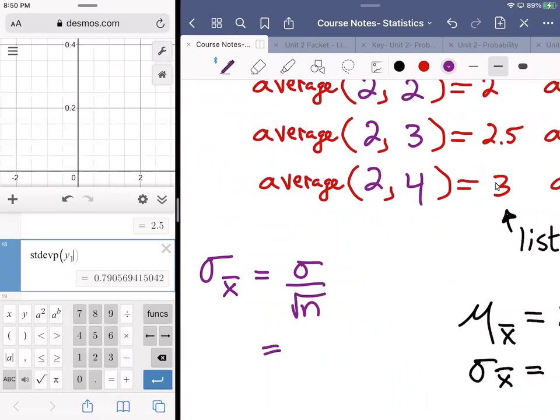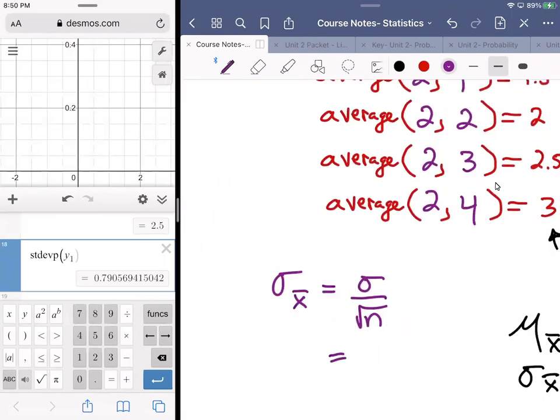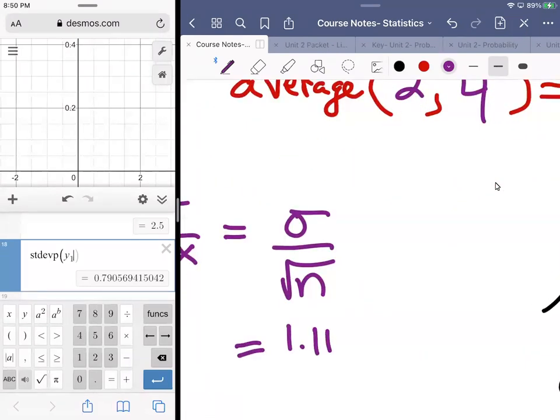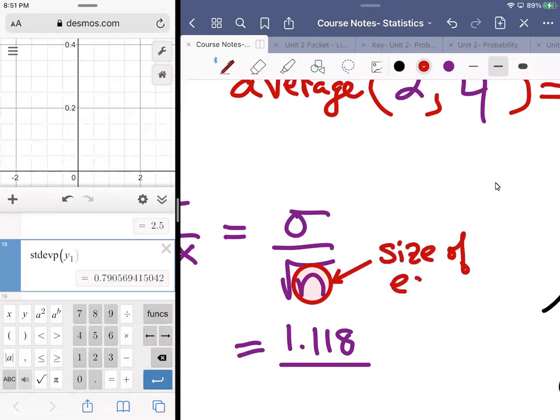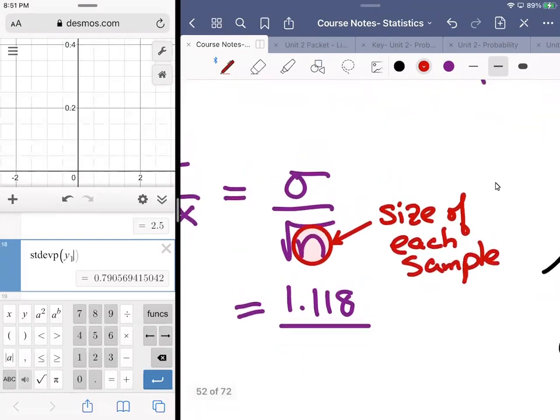So sigma, we determined earlier, was about 1.118. n represents the individual sample size. So this is the size of each sample. So in this case, square root of 2.